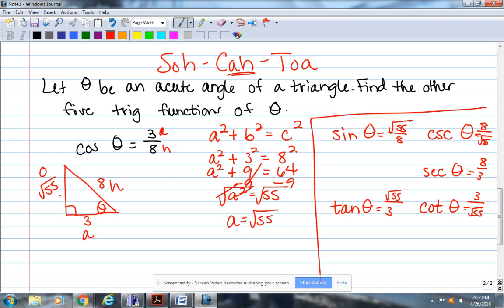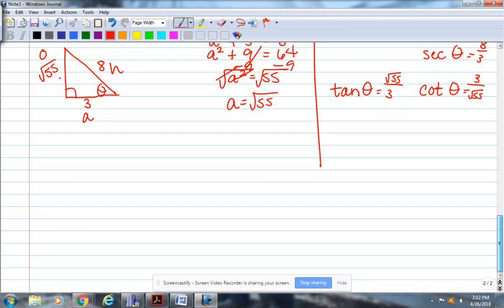All right, so the next thing we're going to do is solve a triangle. Now, this takes a while. Solve triangle ABC using the diagram and given measurements.